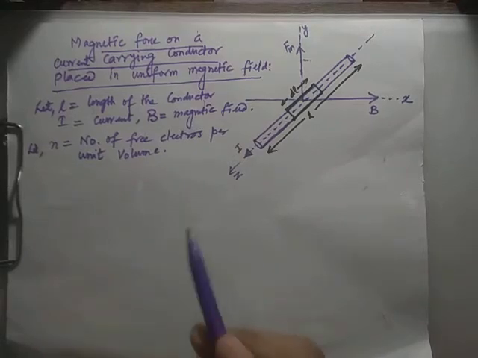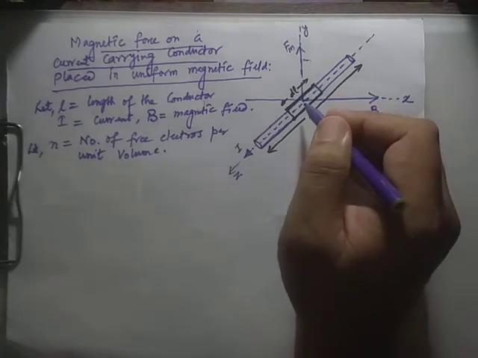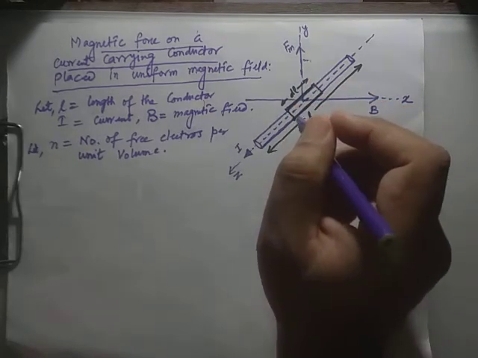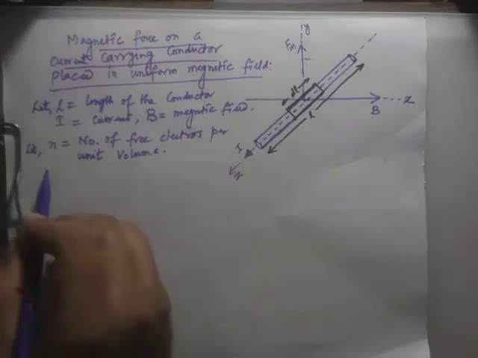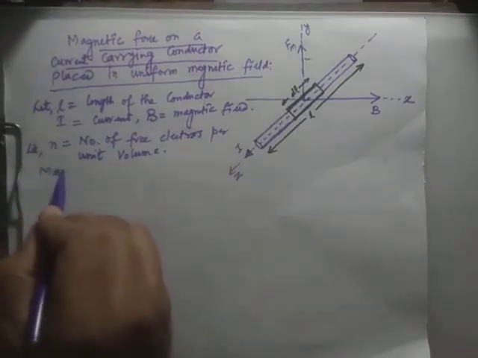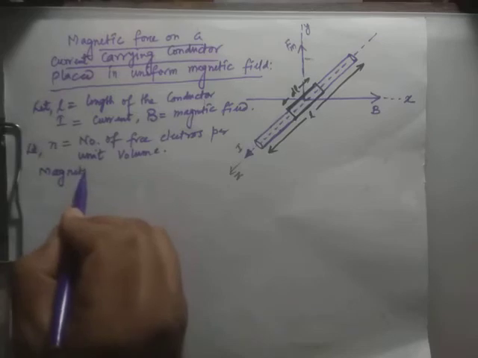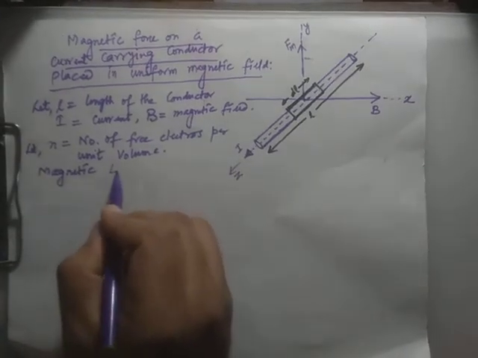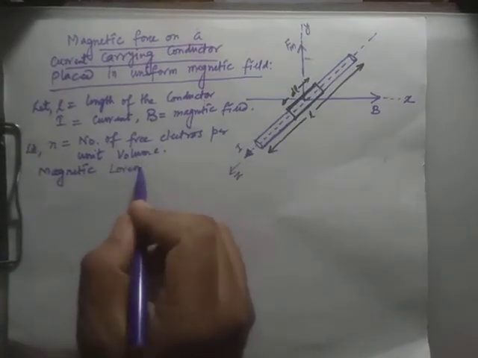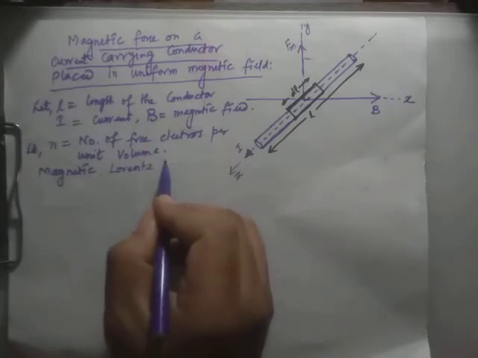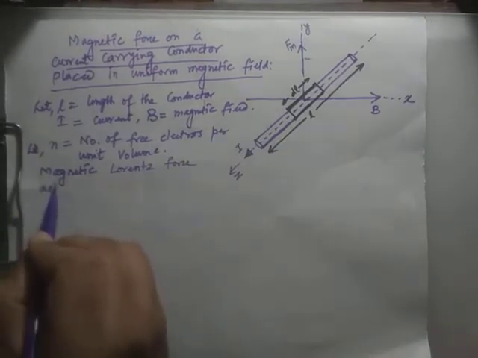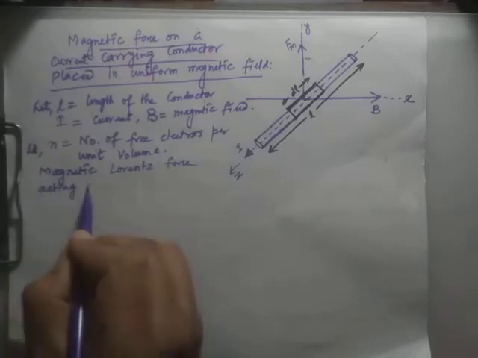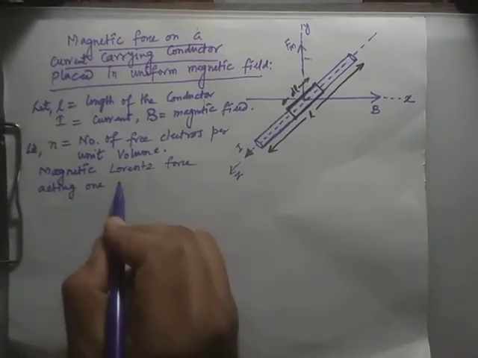Now, how much force will be applied on one electron? So you can write the magnetic Lorentz force acting on one electron.